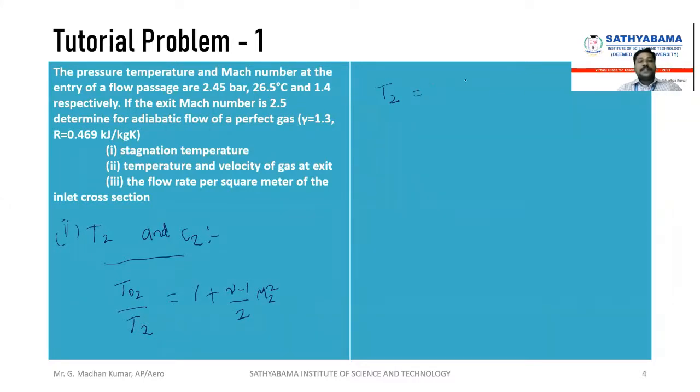T2 is equal to T0, which is 388, divided by 1 plus, gamma minus 1 is 0.3, divided by 2, and then M2 is 2.5, whole square. Now find the value of T2. What is the value of T2?